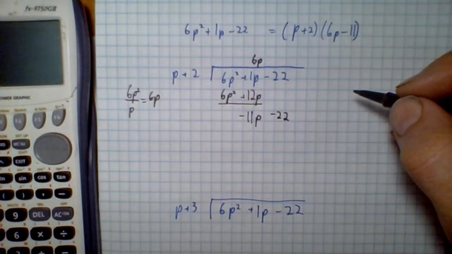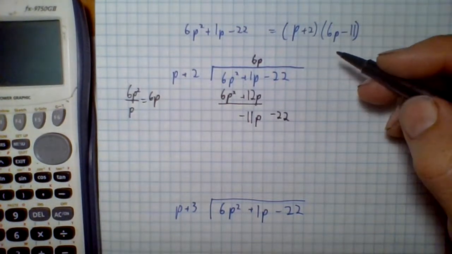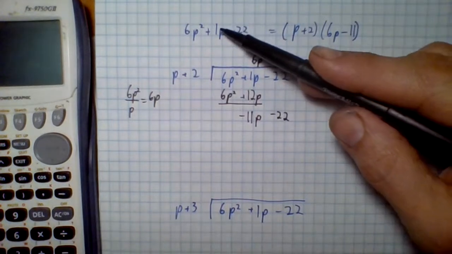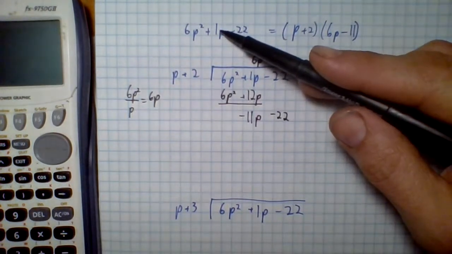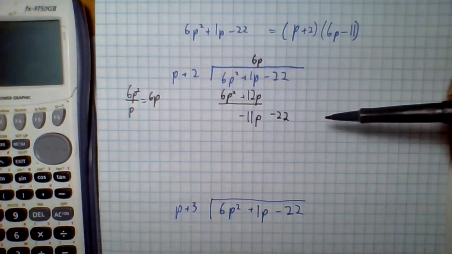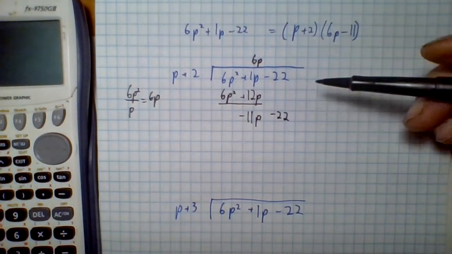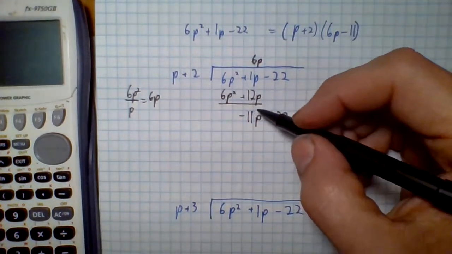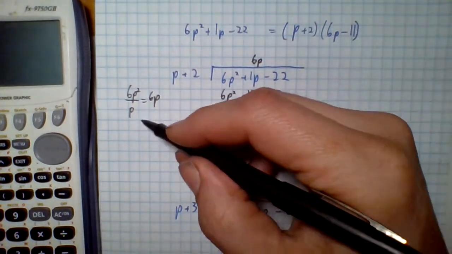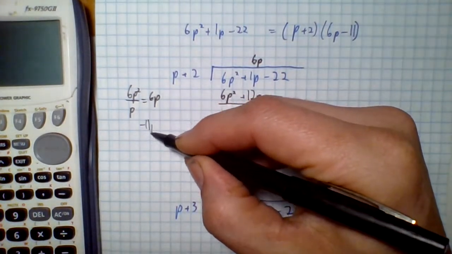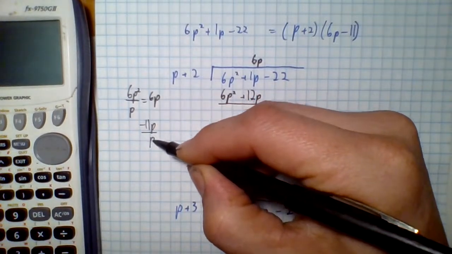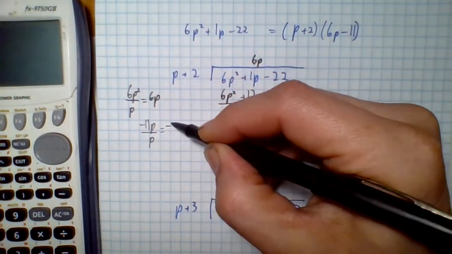Now, if you remember in the factoring, or if you look back at the box method factoring, that 1p got split into a 12 and a minus 11. I mean, this is kind of the pieces of it showing up in this form. So if you want to make some connections, there's connections there. But finishing this off, first term is negative 11p divided by the first term p, so that's just negative 11.